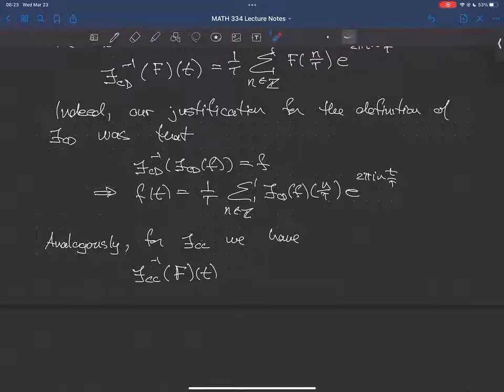And the analog here is going to be the analog of this formula, okay? But the analog of this formula is I replace the sum with an integral, okay?